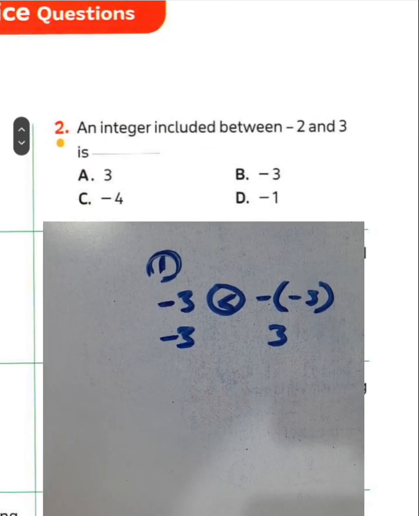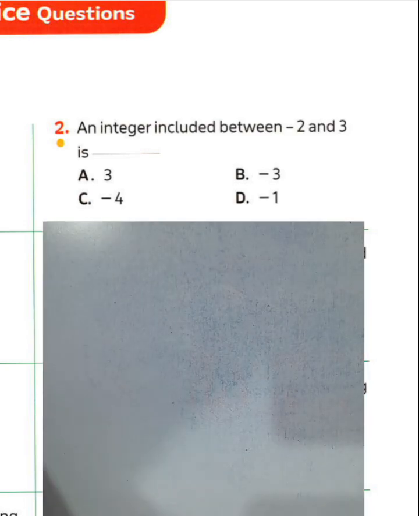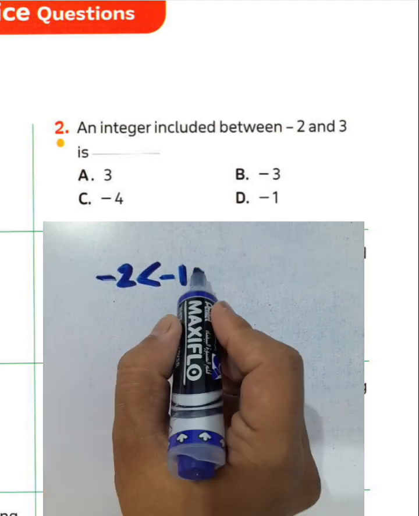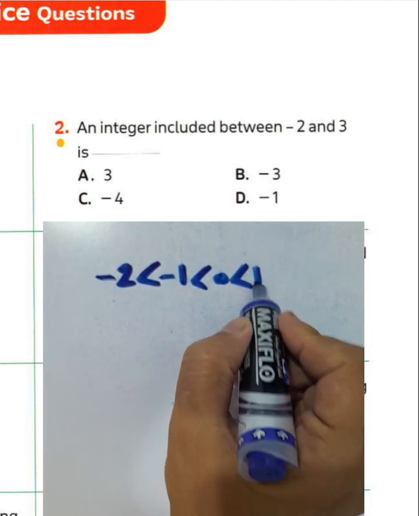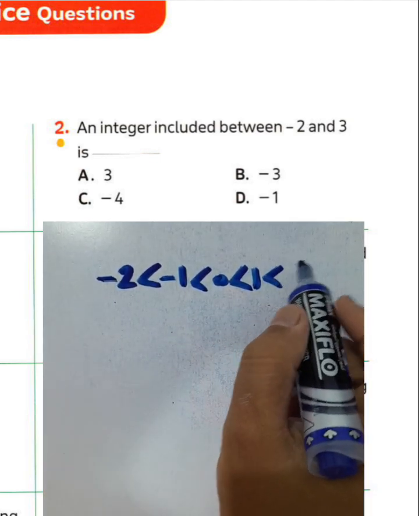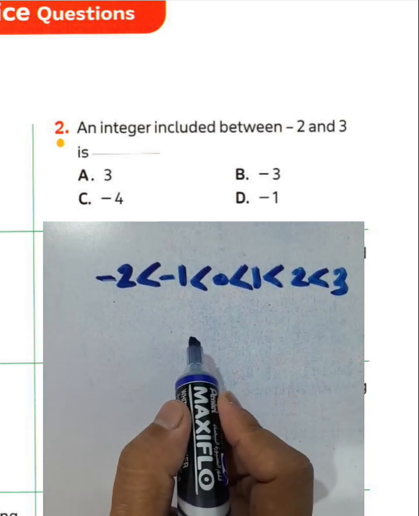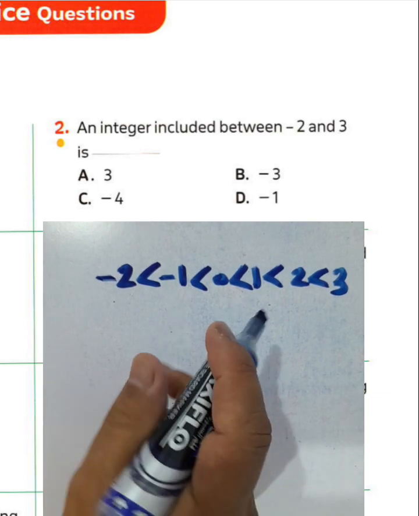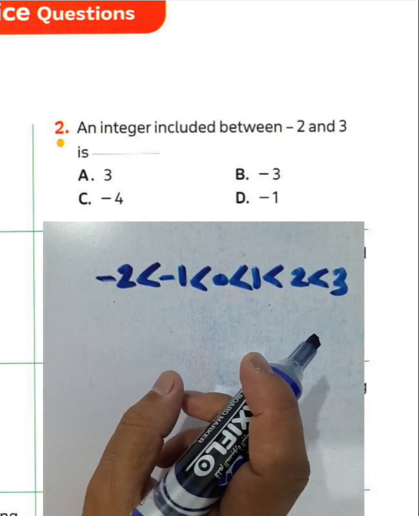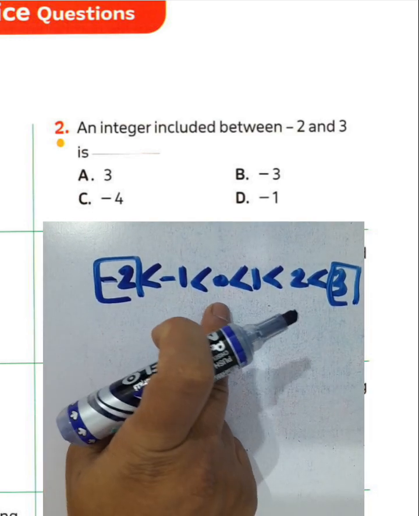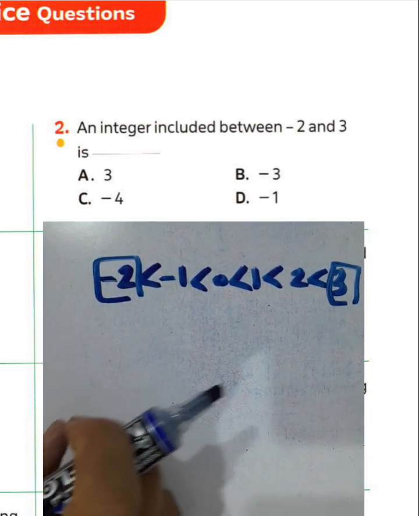Question number 2. An integer included between -2 and 3 is... We know -2 is less than -1, -1 is less than 0, 0 is less than 1, 1 is less than 2, and 2 is less than 3. Then the integers included between -2 and 3 are -1, 0, 1, 2.